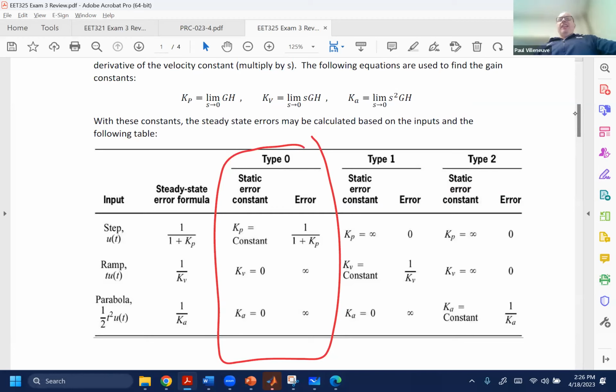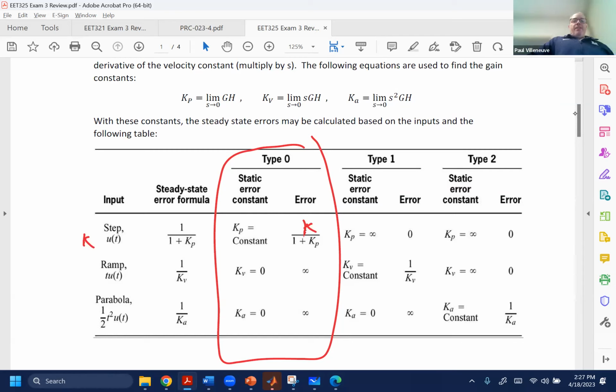And my steady state error is 1 over 1 plus K sub P. This assumes that it has a unit step input. If it is not a unit step, let's say it's a constant K times a unit step, you multiply the steady state error by K. That doesn't change your error constant, it just changes your steady state error.